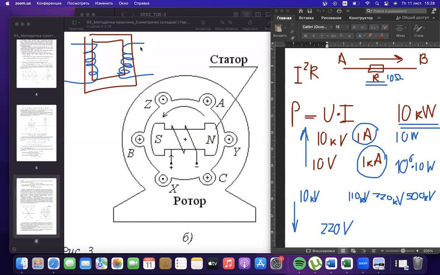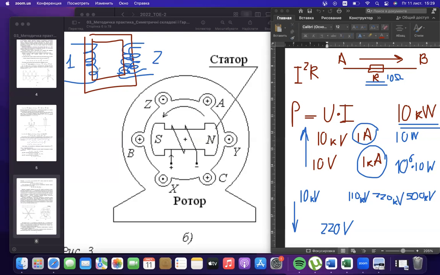And the difference in the number of loops gives a difference in voltage between the first coil and the second coil. It is quite a simple way to decrease the amount of voltage. For direct current, we cannot do this because a transformer will not operate on direct current.